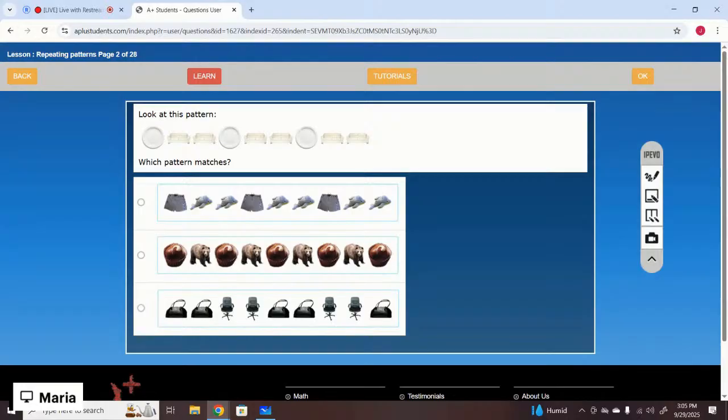Look at this pattern. Which pattern matches? One plate and two sofas. So we need to match up with the one in which we have one object and the second object is two times.